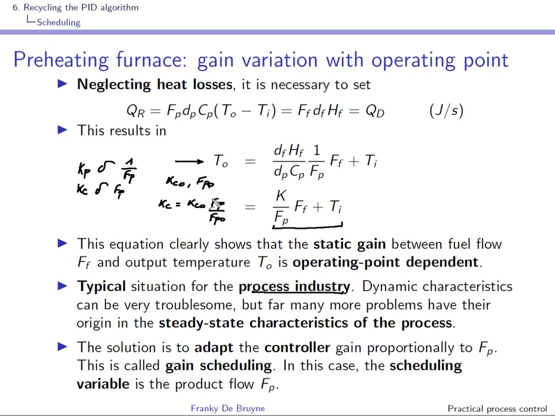You can see here that of course for the product flow FP0 we obtain the controller gain that we had during tuning, and we adapt proportionally to the product flow, and this is called gain scheduling. The adaptation variable is called the scheduling variable, and in this case, as I said, it's the product flow FP.